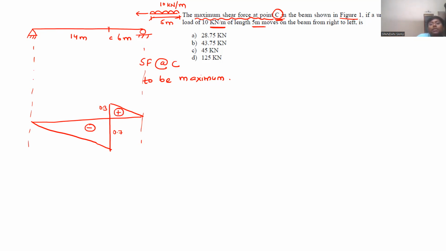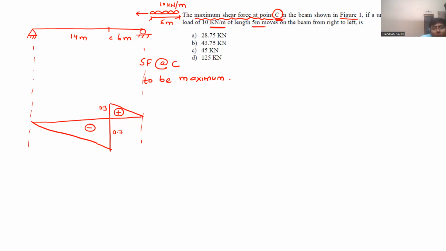The maximum shear force at point C we need to determine. Maximum means mod value, we require the magnitude only, not positive or negative, so sign is not a matter of concern here. Now we have to place this 10 kilonewton per meter such that we get maximum shear force at point C. So what can be done? Where can we place it? We can place it here.